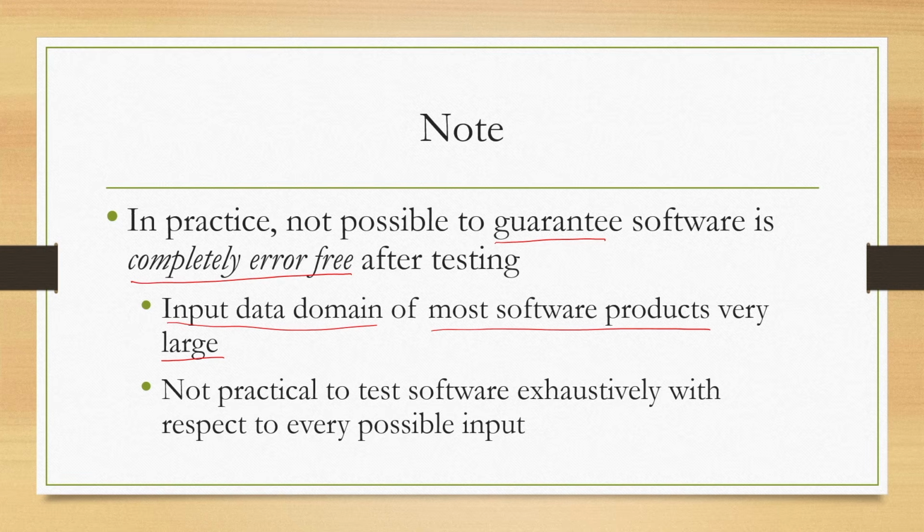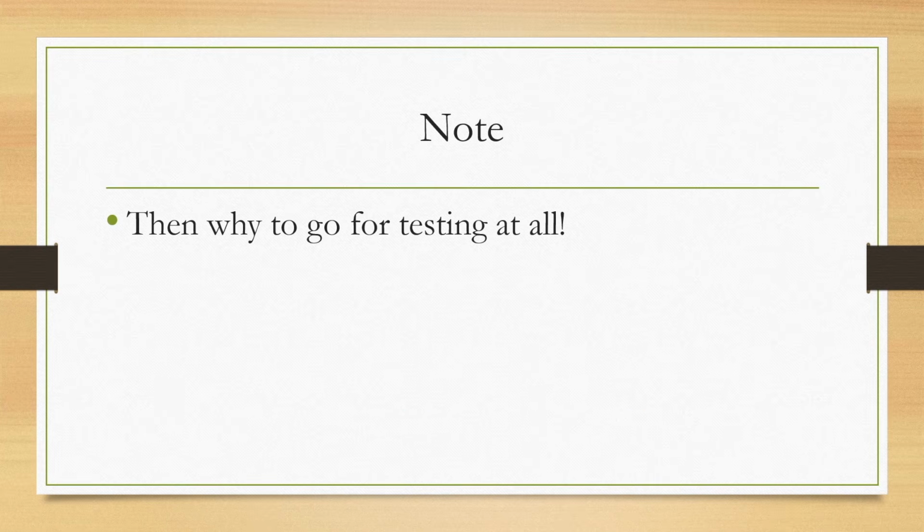So, the possible set of inputs is very large in most of the practical systems. Then it is not practical to test a software exhaustively with respect to each and every possible input, because that will consume a huge amount of time if at all we manage to do that.